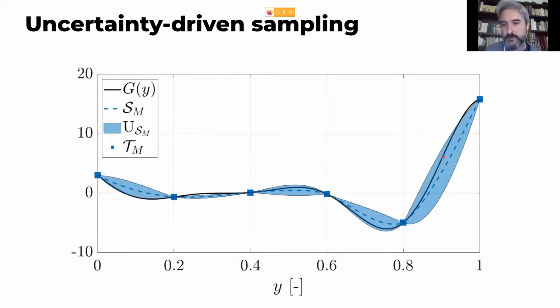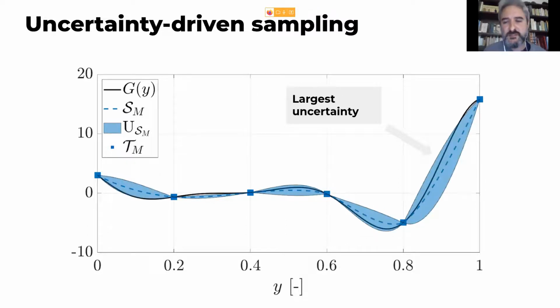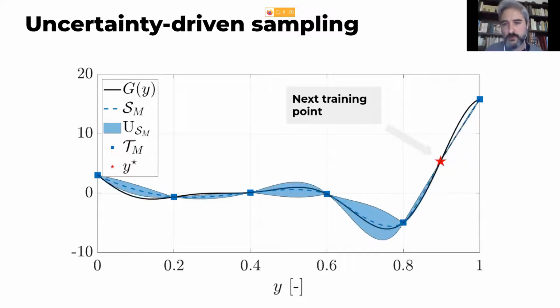The area shaded in blue is the envelope of the different surrogate models. Here, for instance, we have a lot of uncertainty on the prediction of the surrogate model, and therefore we say that this is our next training point. Maybe uncertainty is not the best wording here, but that's how we called it. This is in the spirit of Gaussian process regression, if you want.